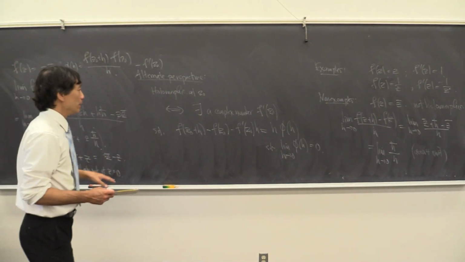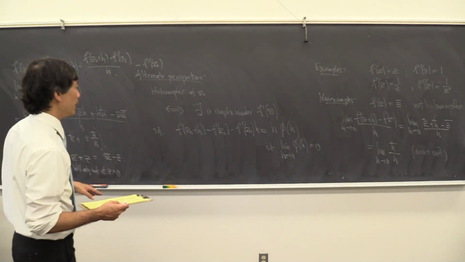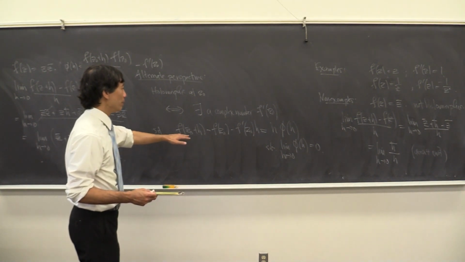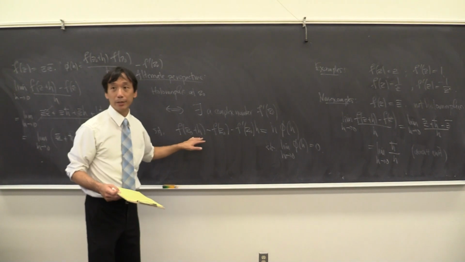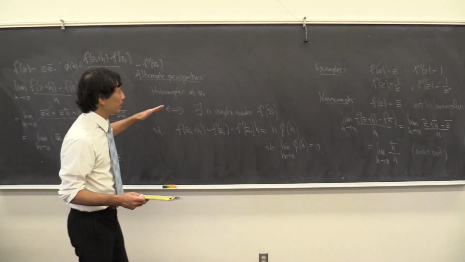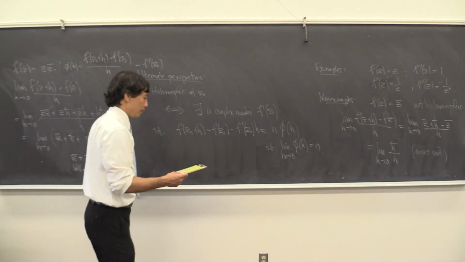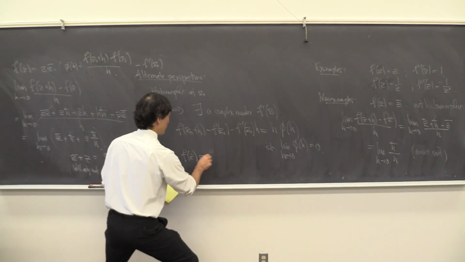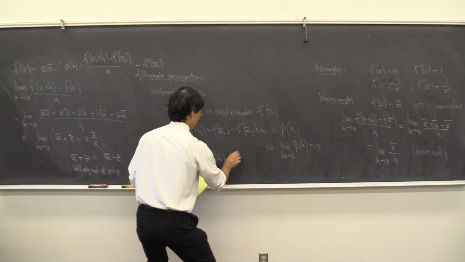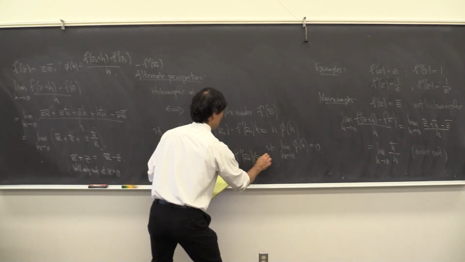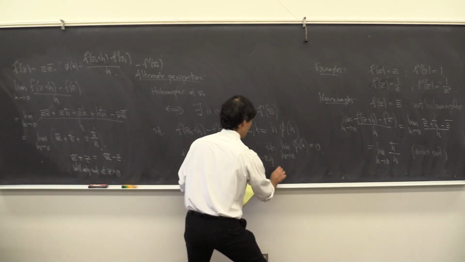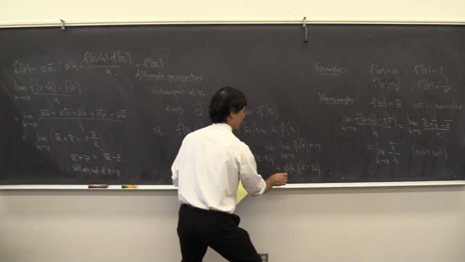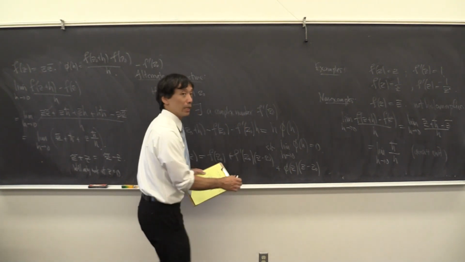Okay, good. So what this is saying is that your function basically behaves like a tangent line. You could write it like this: f of z equals f of z naught plus f prime z naught times (z minus z naught), plus some function of z times (z minus z naught), where this thing goes to 0 as z goes to z naught.